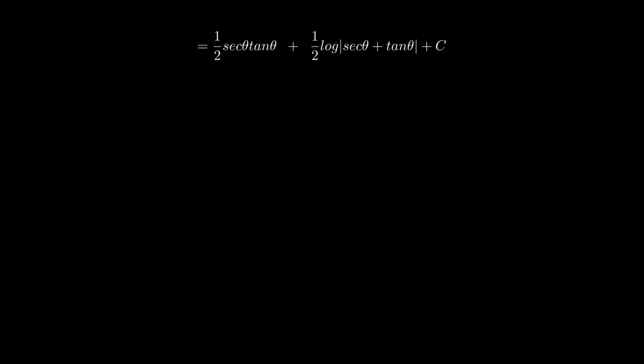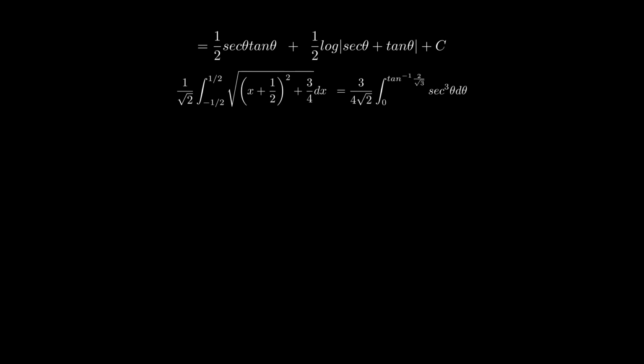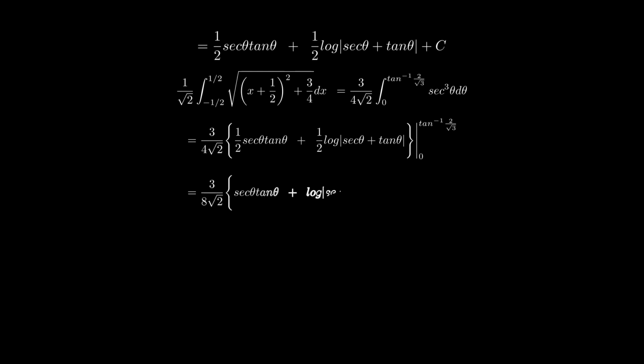Now bringing in our limits from minus half to half in the x domain, which results into 0 to arctangent of 2 over root 3 of sec cube theta, we get that to be equal to 3 over 4 root 2 times half of sec theta tan theta plus half of log sec theta plus tan theta from 0 to arctangent of 2 over root 3.